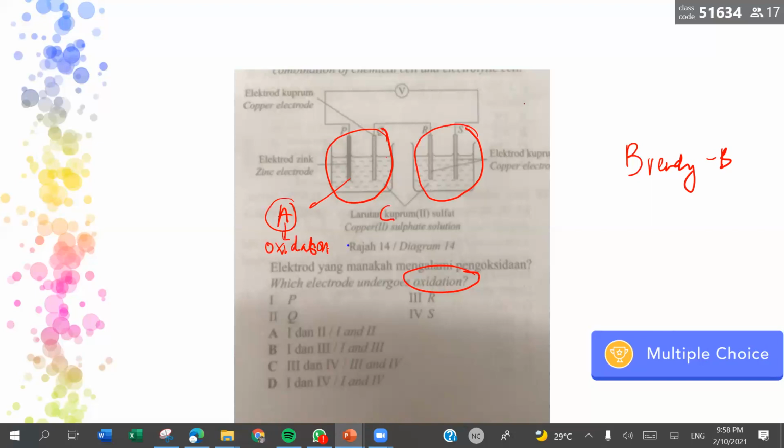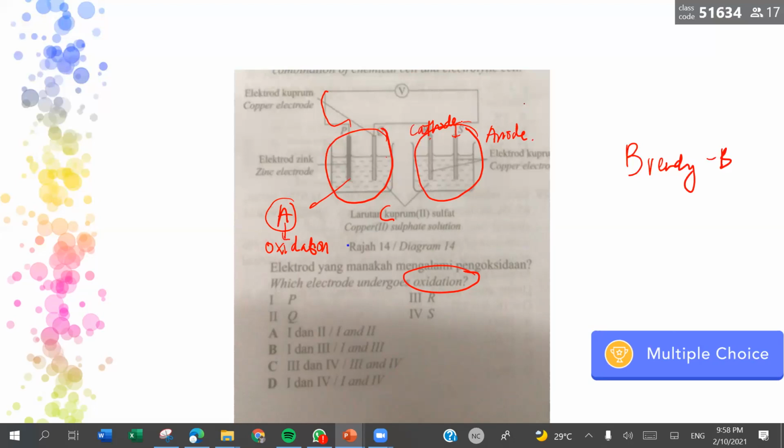Yes, sure. Okay, so here is my anode. This one is undergoing oxidation. So if this is anode, here must also be anode. And this one must be cathode.